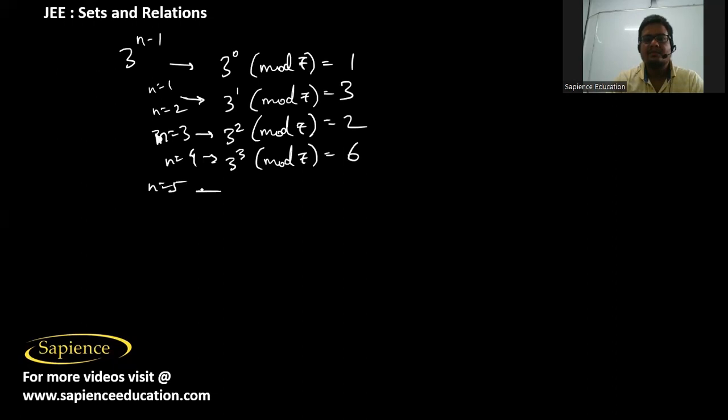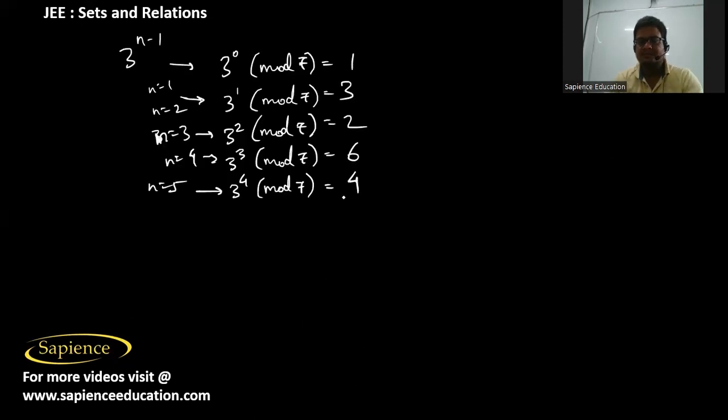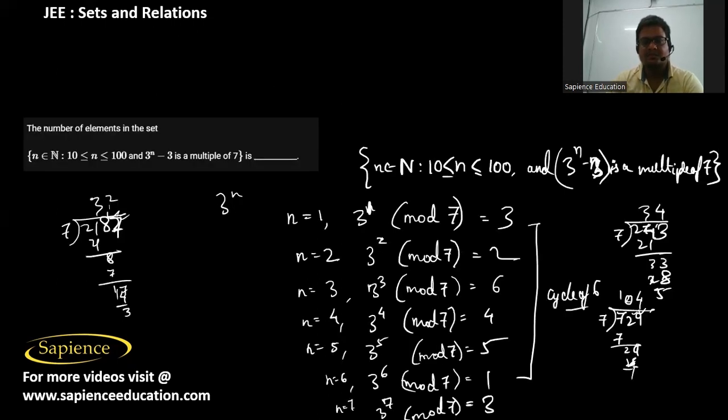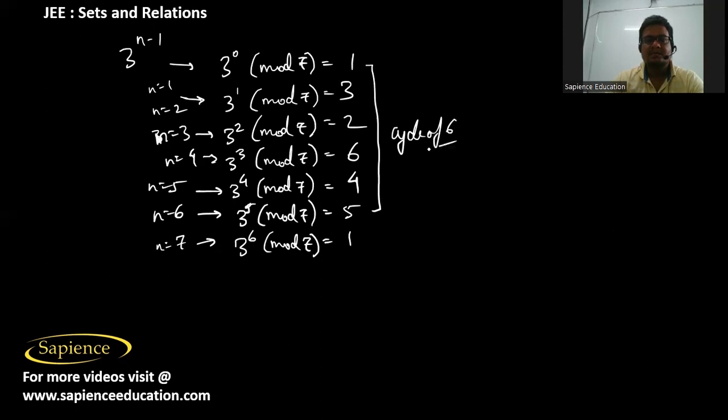And n equal to 5, 3 power 4 is 81, so the remainder is 4. Then n equal to 6, 3 power 5 mod 7 is 5. And n equal to 7, 3 power 6 mod 7 is 1. So here also there is a cycle of 6, but it is shifted.